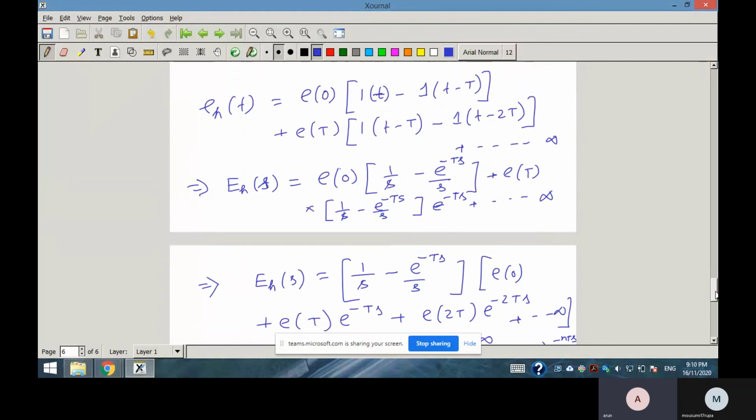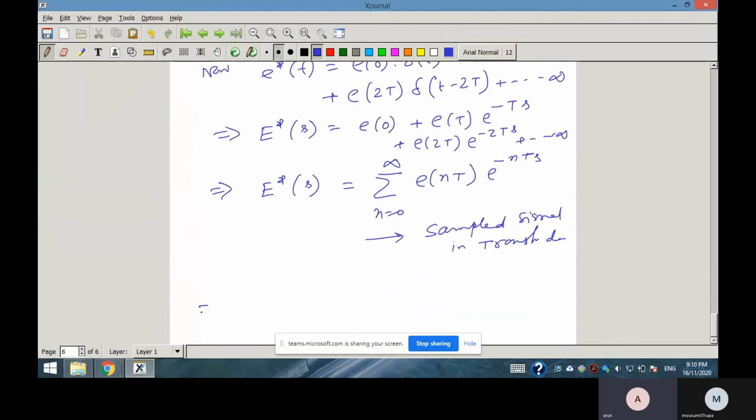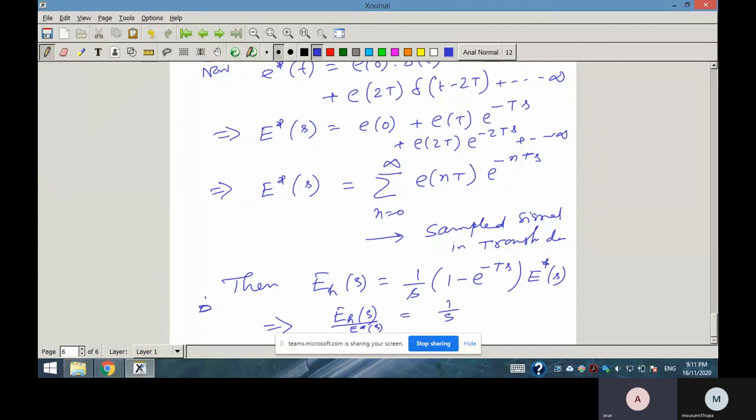So from these two expressions, ultimately, e_h(s) equals 1/s into [1 minus e^(-Ts)] into E*(s). This implies e_h(s) by E*(s) is equal to [1 minus e^(-Ts)]/s.